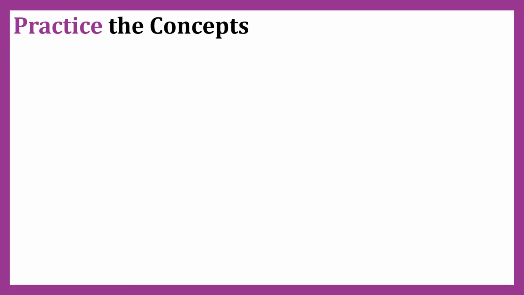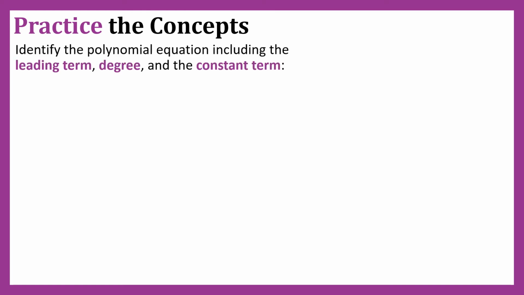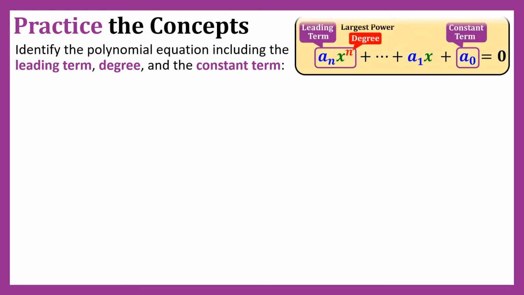Let's practice the concepts we have covered so far by identifying the polynomial equations along with their leading term, degree, and constant term. Let's remind ourselves of the definition of the polynomial equation. The first equation we have is 9 plus 8 times x cubed minus 7 times x squared equals 0. Let's reorder the polynomial terms so that the exponents are from largest to smallest.